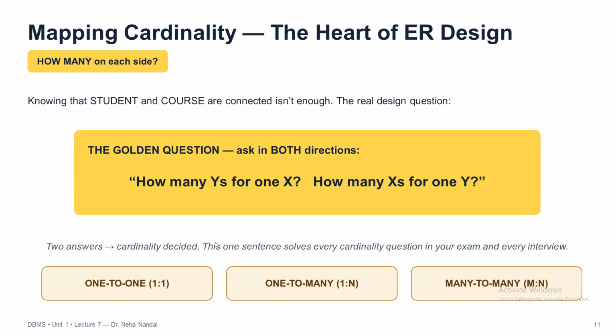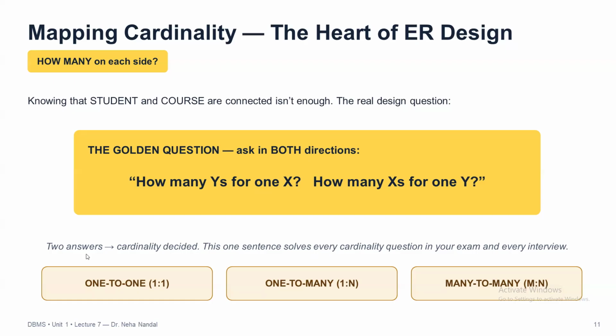You can think of any two entities, like a student and a course that we have been discussing since the start. Now we have to think how many students and how many courses, which will decide many things. That is called cardinality, the mapping cardinality of the ER model.